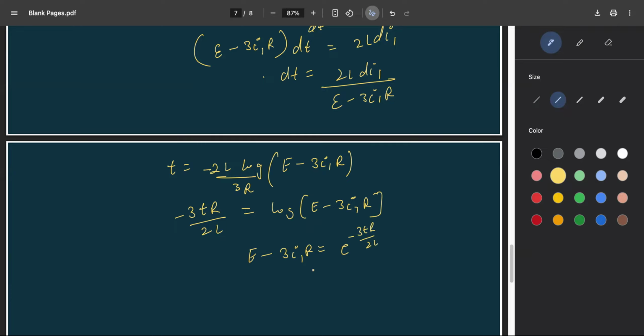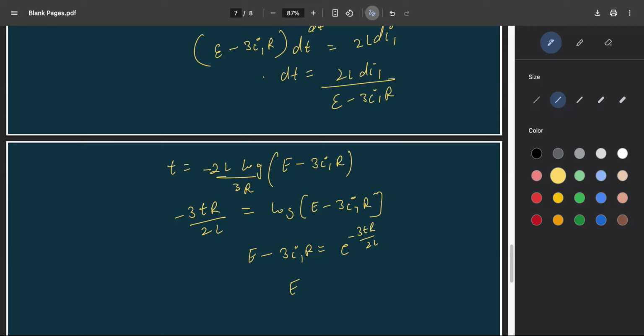So from here, if you solve it further, you will get, sorry, have I skipped something? Did I skip something? Is something wrong with it? Yes, I think everything's fine.